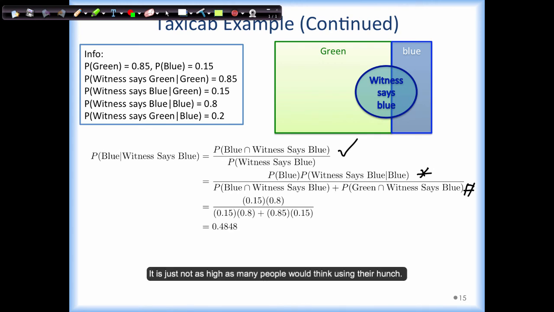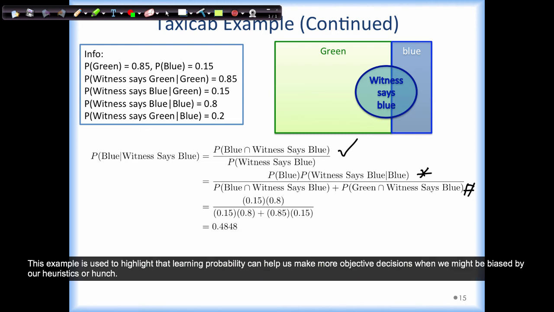It is just not as high as many people would think using their hunch. Human beings very often use heuristics to make judgments. This example is used to highlight that learning probability can help us make more objective decisions when we might be biased by our heuristics or hunch.